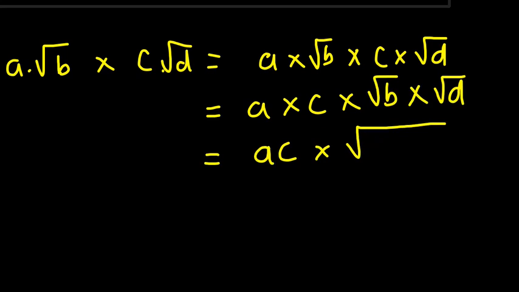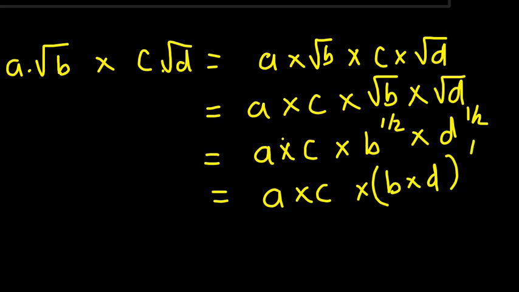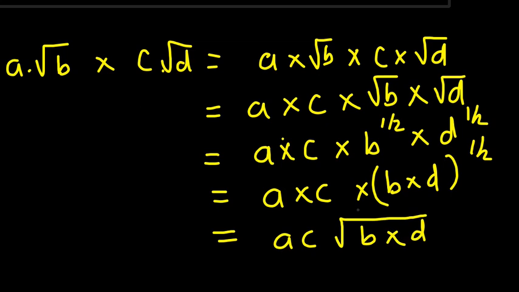Let me do it step by step: root b times root d is b to the power half times d to the power half, which is a times c times b times d, all in brackets, because they are being multiplied by the same power. So it's just ac root bd. It's just the same thing.